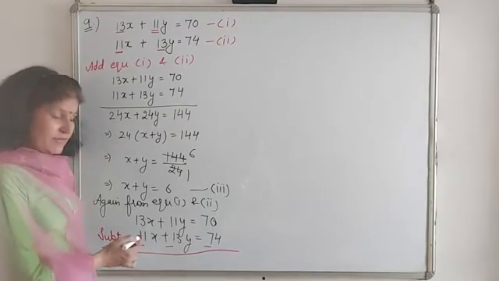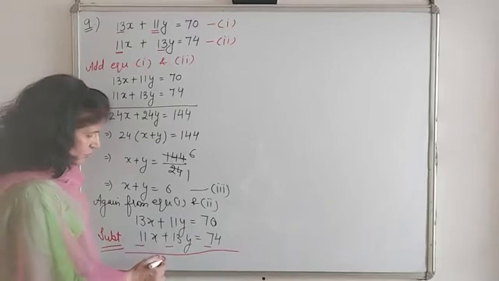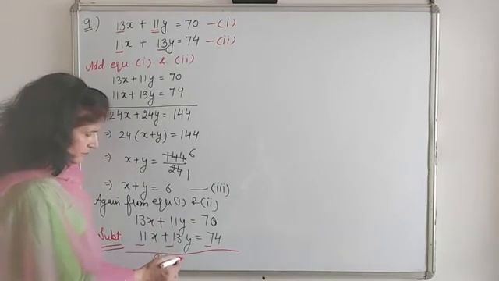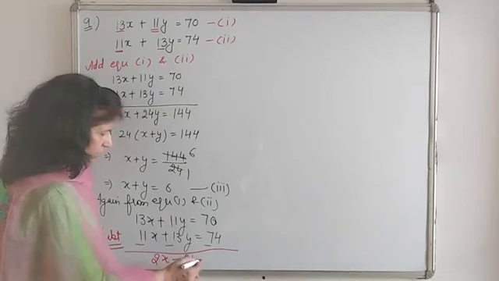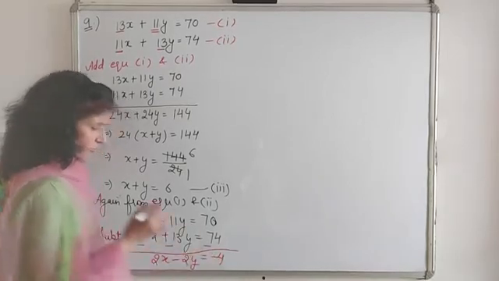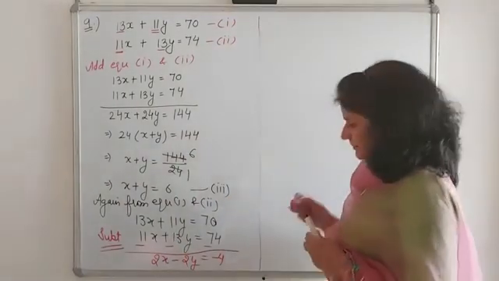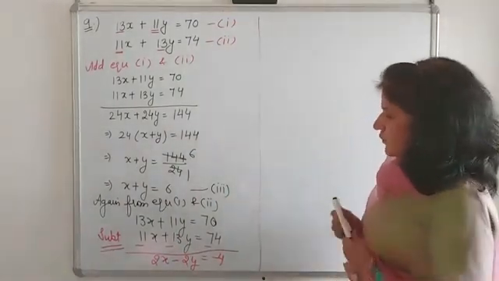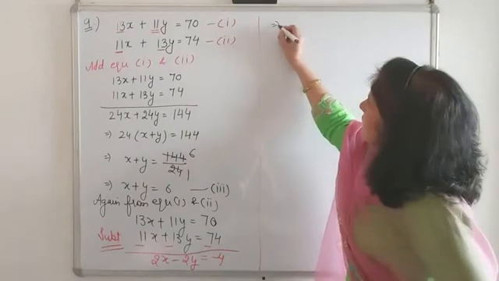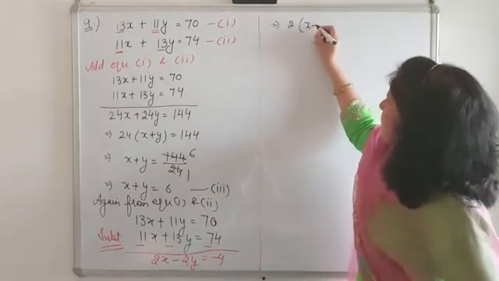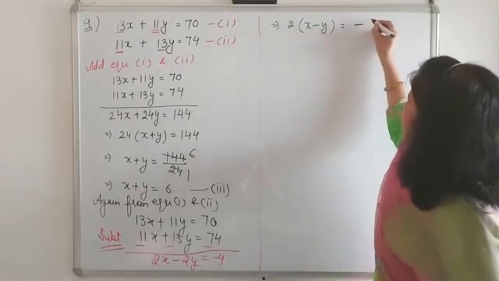13x minus 11x. What will come? 2x. Here minus 2y and here minus 4. So what will come now? 2 is common. x minus y is equal to minus 4.